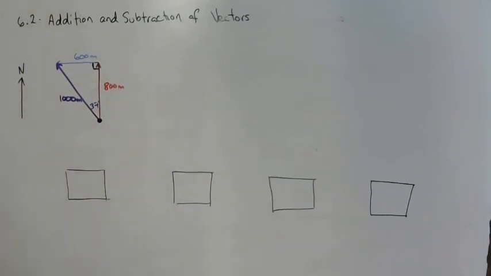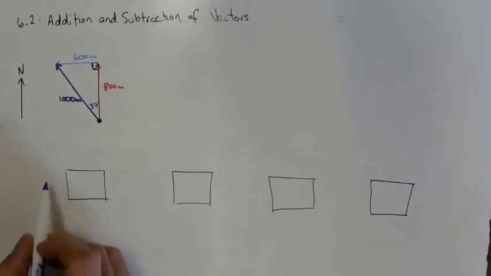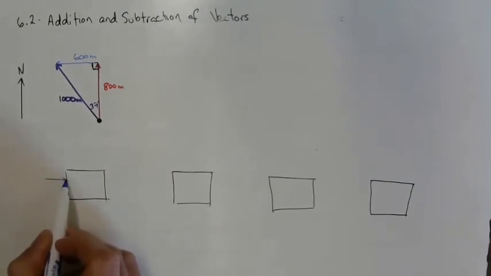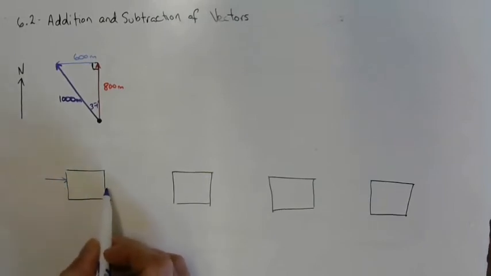Now, vectors can act on an object in a variety of different ways. Sometimes we apply a parallel force, and sometimes force acts on an object in different directions, which then requires a couple of different strategies. But you don't have to write all this down. It's just a quick introduction. But let's say a force like that pushes an object, and a force like this pulls an object.